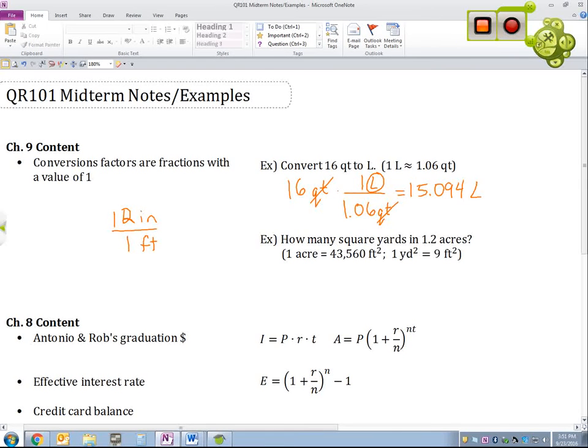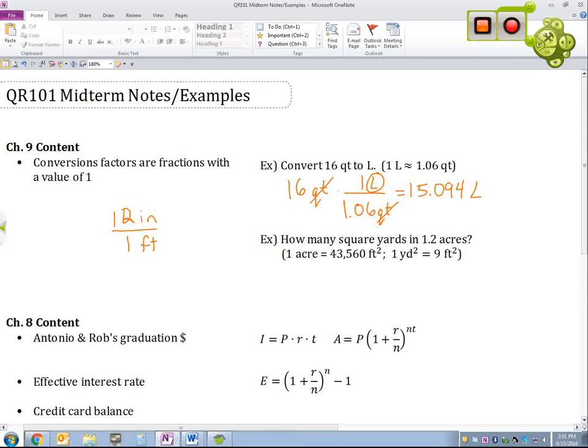I've got 15, okay? For the second example, in this case, I need to convert from 1.2 acres to square yards. I don't have a conversion that goes from acres to yards, but I do have two conversions, one that goes from acres to square feet and one that goes from square feet to square yards. So what I'm going to do is I'm going to use two conversion factors.